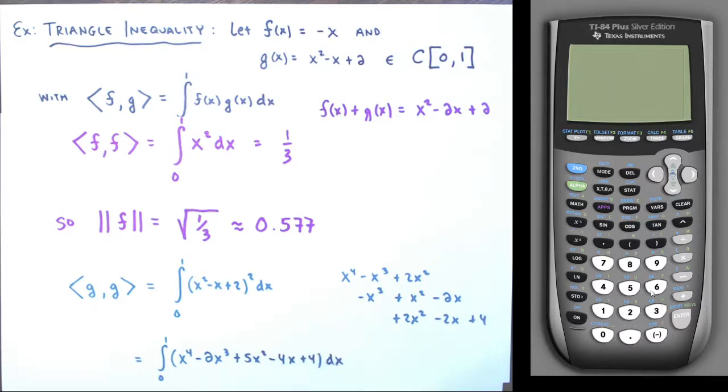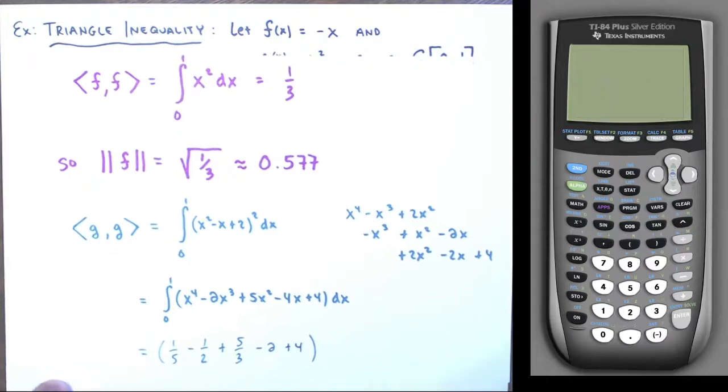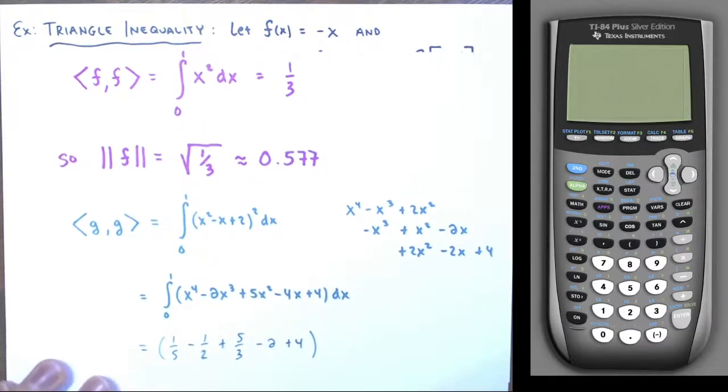And again, when I do the antiderivative of this, they'll all have at least an x in it, so plugging in 0 won't contribute. So it'll just be the value at 1. So again, this is 1/5 minus a half, right, from that term, and then it'll be 5 plus 5/3. Then minus 2 plus 4. Then we combine some stuff. This will be plus 2 here.